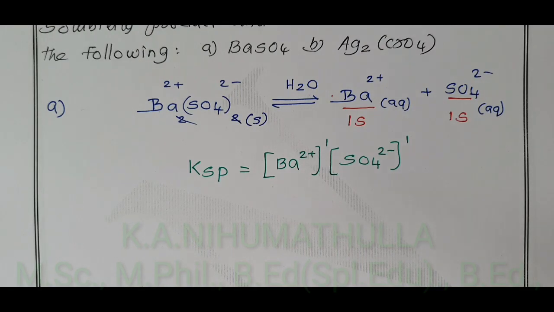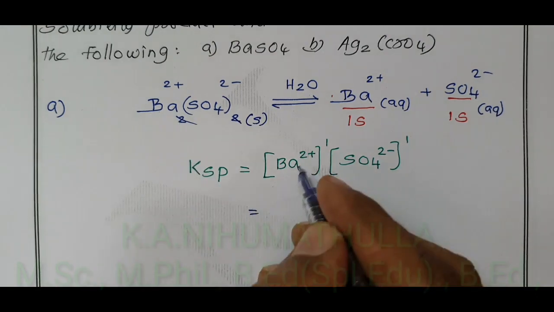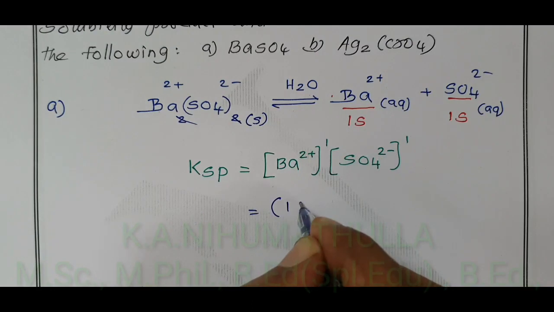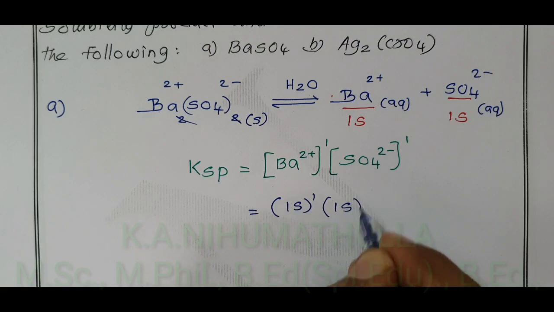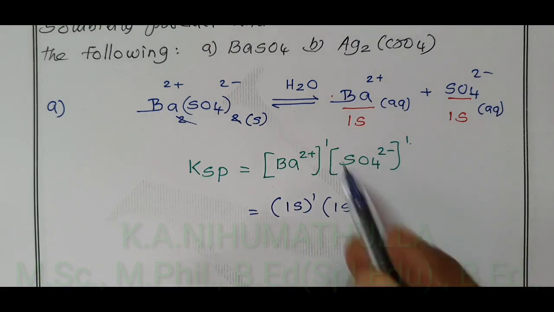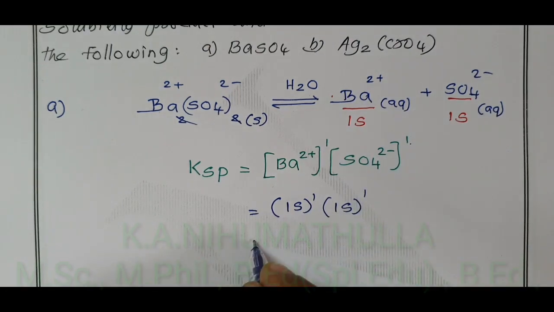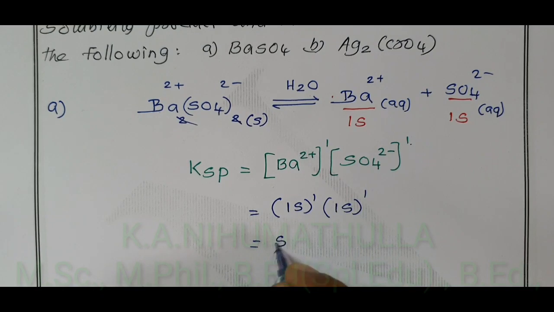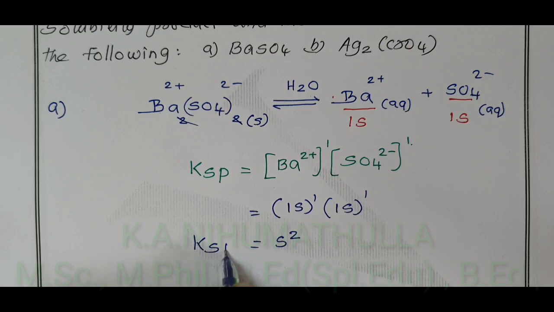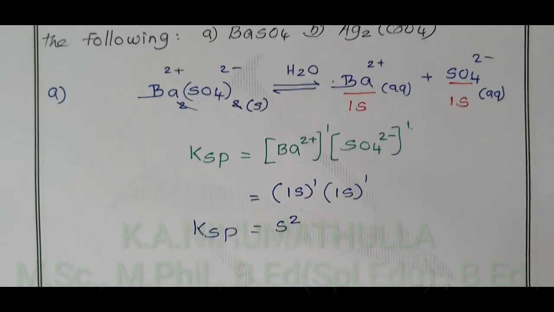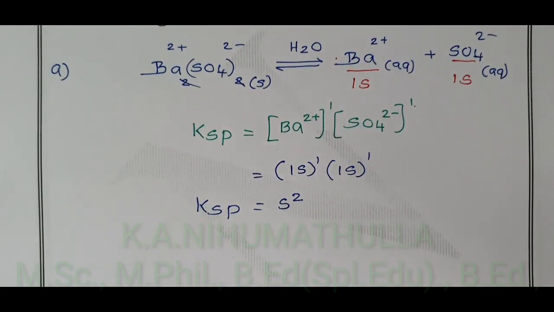Therefore, we do not take the concentration of barium sulfate. So it equals Ba 2 plus, 1 S power 1, into sulfate 2 minus, 1 S power 1. This power is the stoichiometric coefficient. That is 1 S into 1 S, equal to 1 S squared. K solubility equals S squared. This is for barium sulfate.